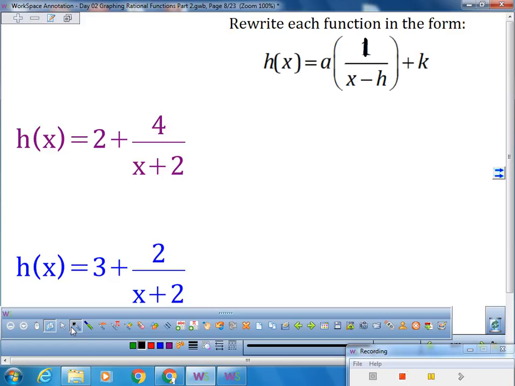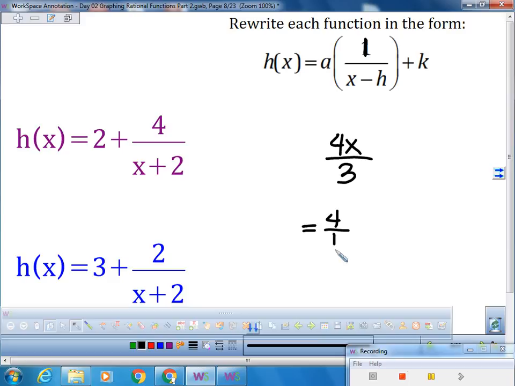Let's see. If I had 4x over 3, isn't that the same thing as, couldn't I pull that 4, 1 out? Isn't that the same thing as this? What if I had it in reverse?